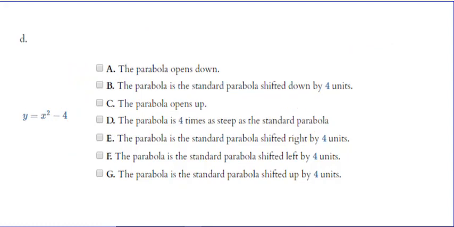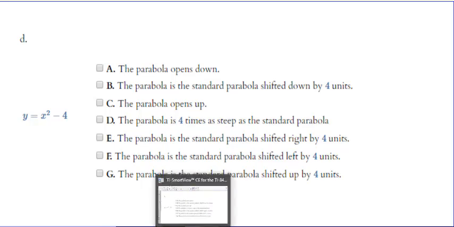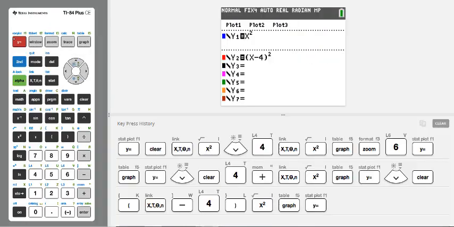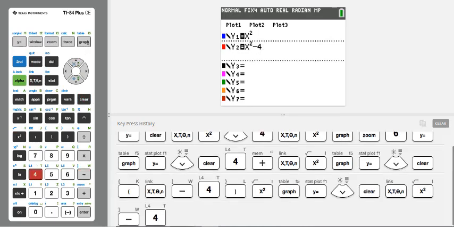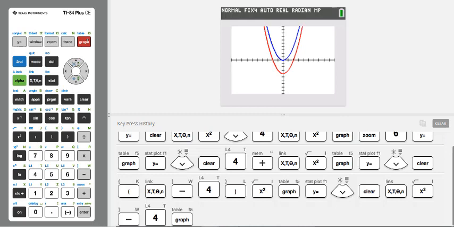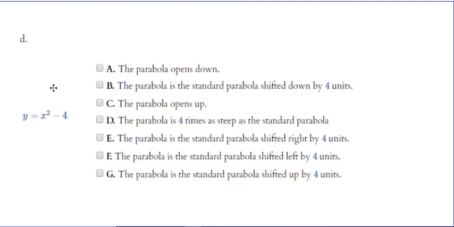Now, this one, let's go back and look. So we should know that it is outside the function, okay? If we graph it, we can just see that it's just been shifted down. Note that it did not change, because the a is 1, right?